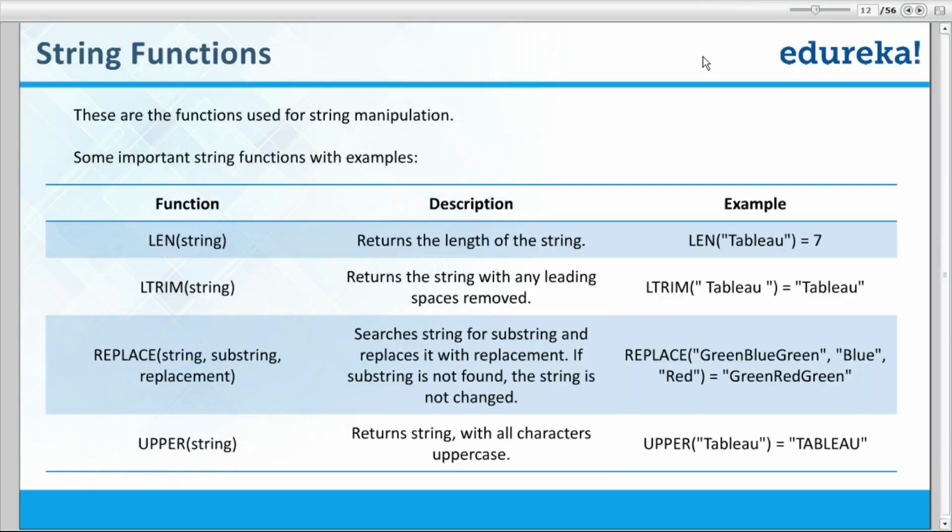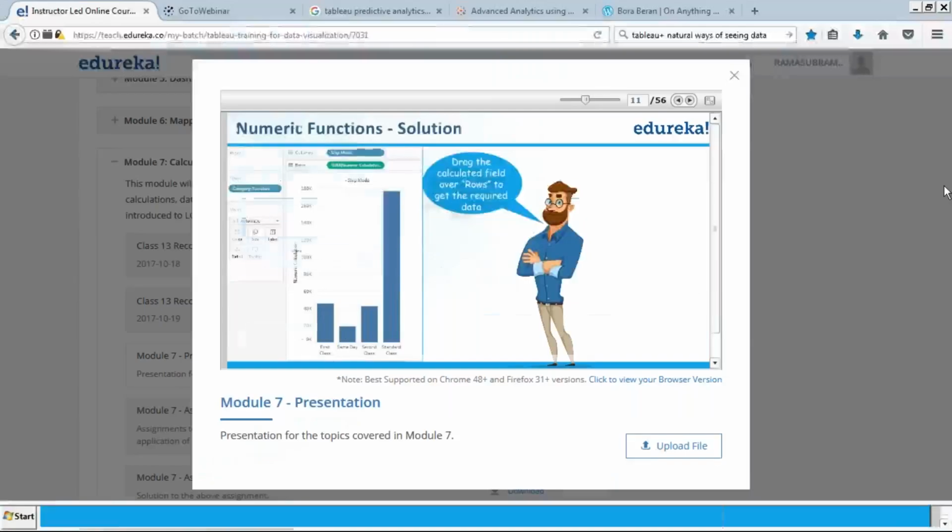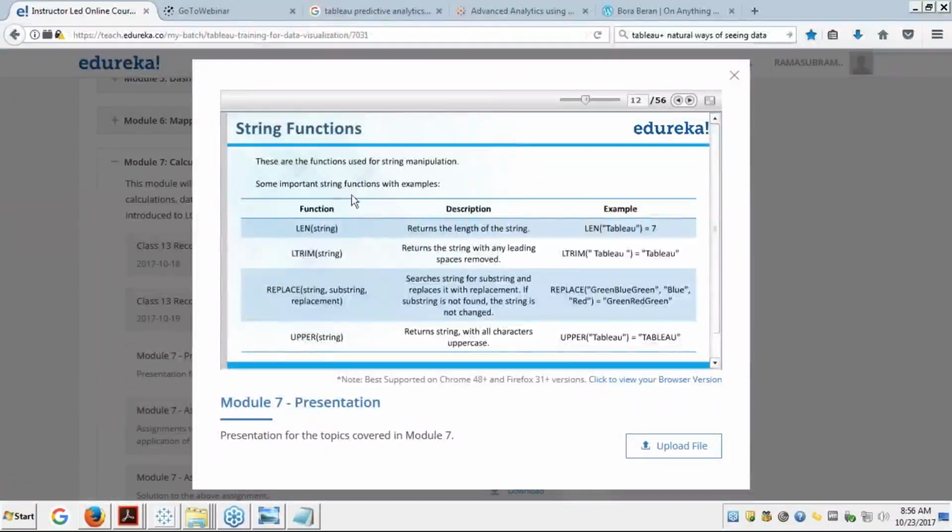String calculations are nothing but, friends, the ones you perform with non-numeric data sets, that is, with normal string data types, which are categorical in nature, and mostly discrete also according to Tableau. Okay. So some of the string calculations we can see here.